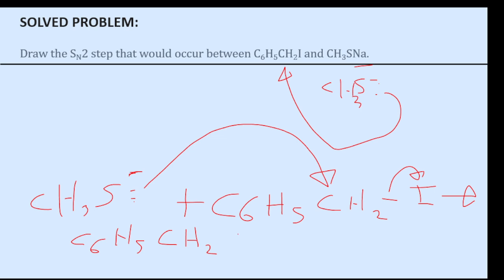And so what did it get substituted with? Sulfur. Does it have a negative charge or a lone pair anymore? No, that's bonded on there now, isn't it? Yes, we have that bond. Okay. And so what else is with that sulfur, by the way? CH3. Yeah, the CH3 is on that sulfur, isn't it? And that just stays with it.